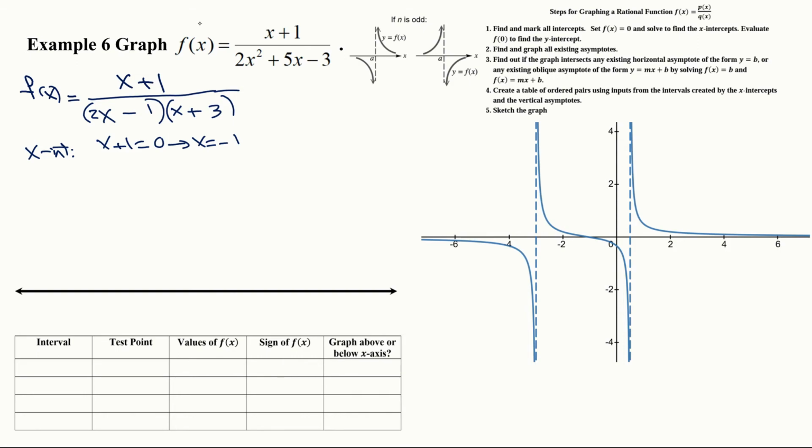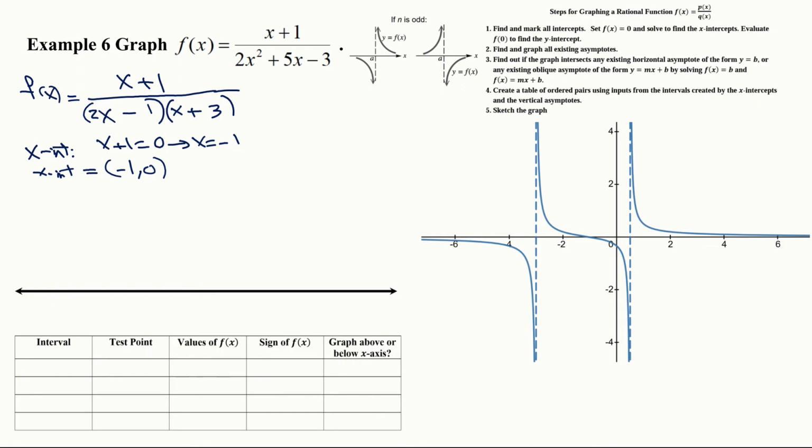So our x-intercept is (-1, 0). Notice that negative 1 does not make either one of these two factors 0, so we're good to go.